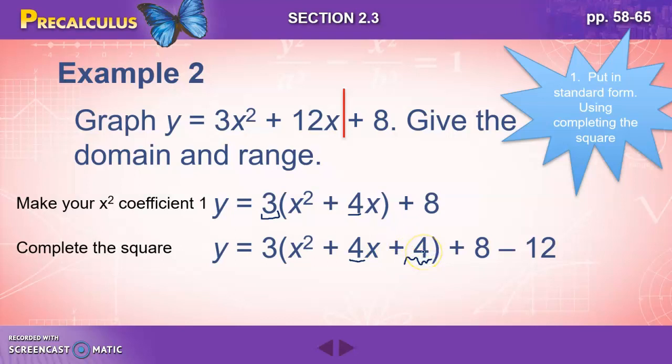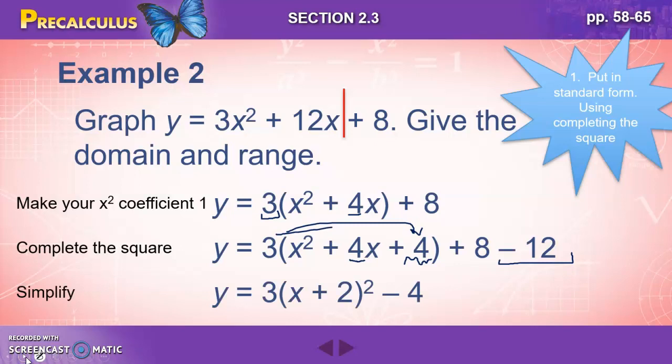But in order to keep things balanced, because we added a 4, what we actually added was 3 times 4. So in order to keep that equation balanced, so equal to y, we also needed to subtract 3 times 4. So we're going to do that outside the parentheses. So by adding that 3 times 4, to keep it balanced, we have to have a minus 12 or a minus 3 times 4 on the outside.